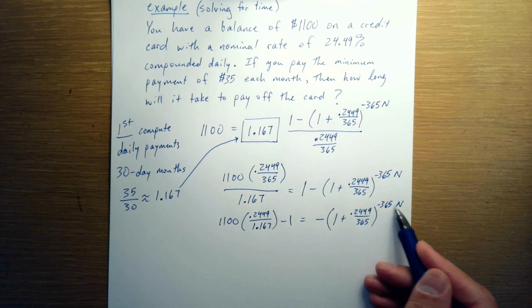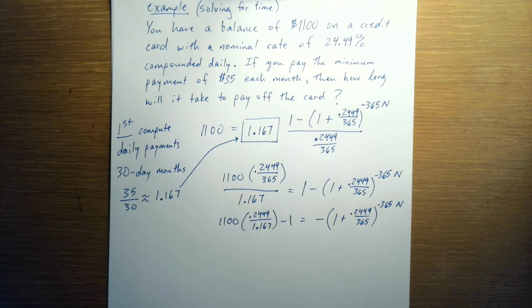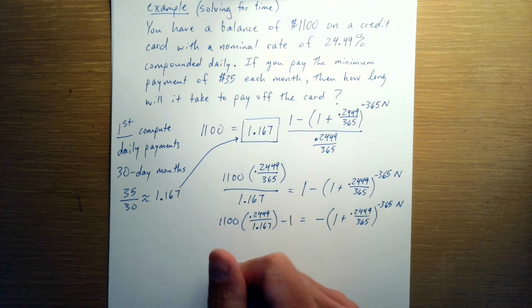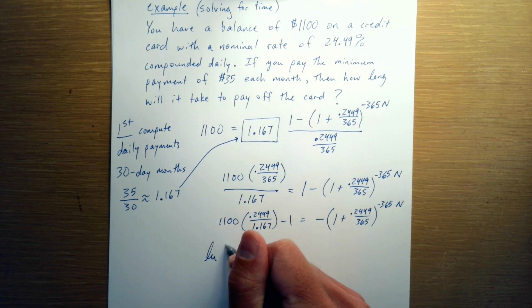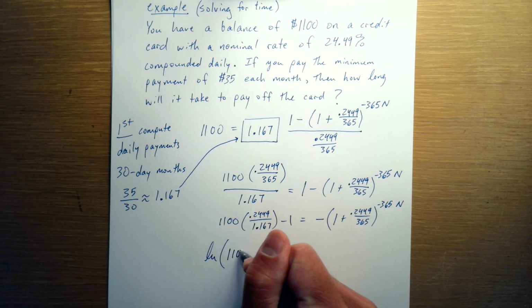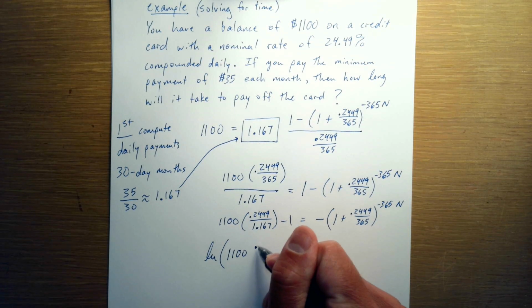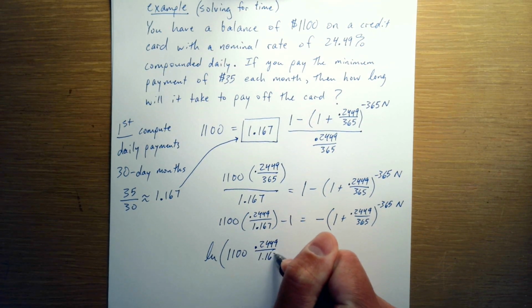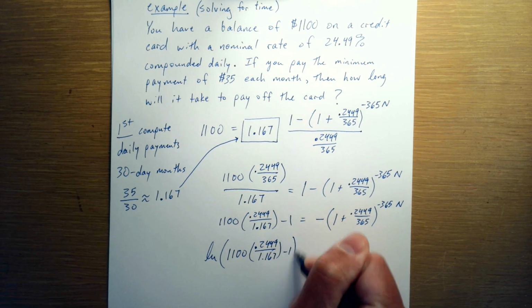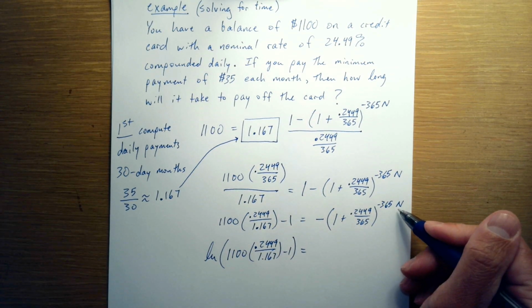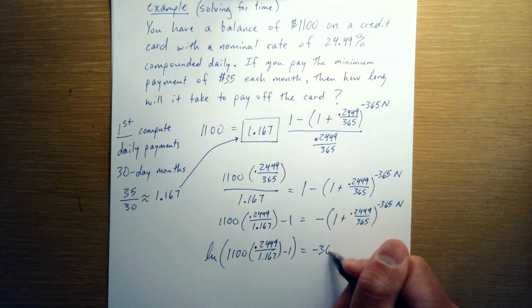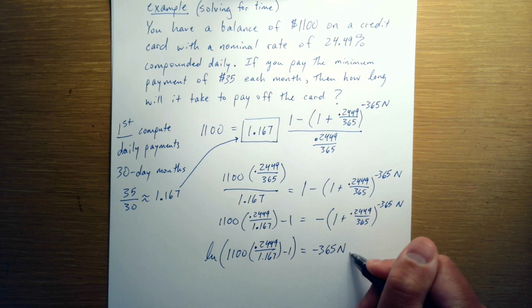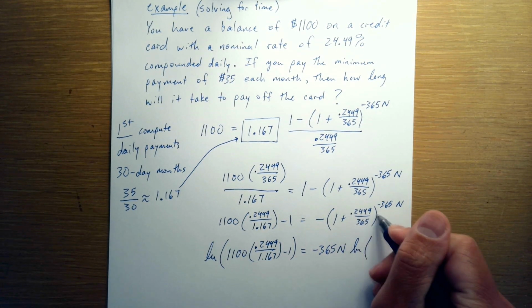So now I want to get rid of this exponent. I want to factor it out, so I take natural log of both sides. So natural log of all this. When I have natural log of this side, that becomes negative 365n times natural log of what was in here.